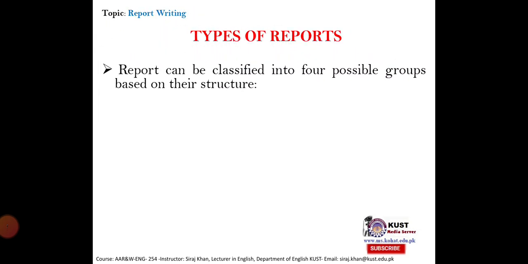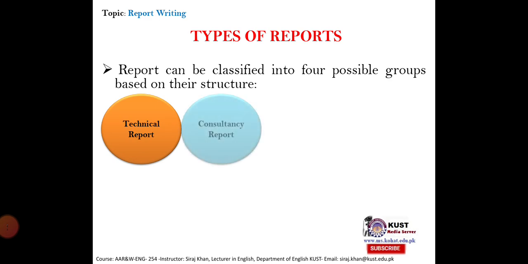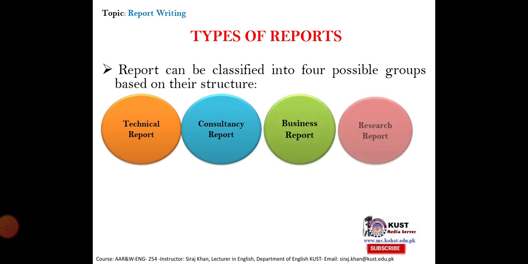Types of reports. Reports can be classified into four possible groups based on their structure, though there are many other types of reports as well. These four are technical report, consultancy report, business report, and research report.